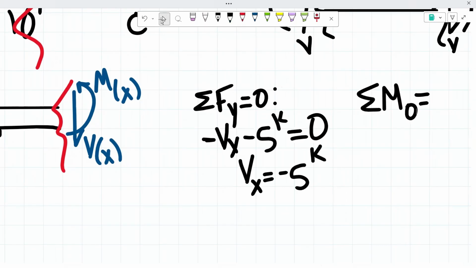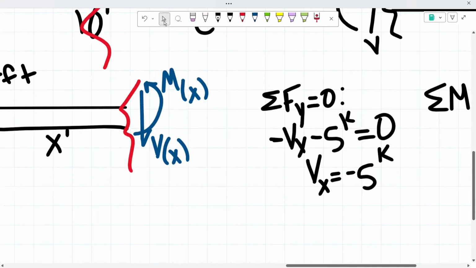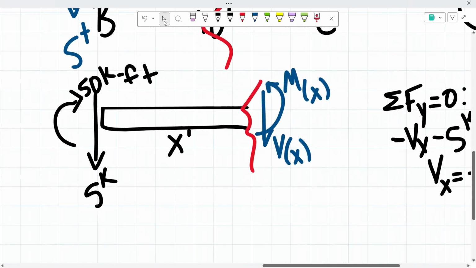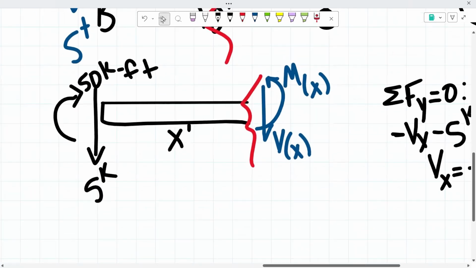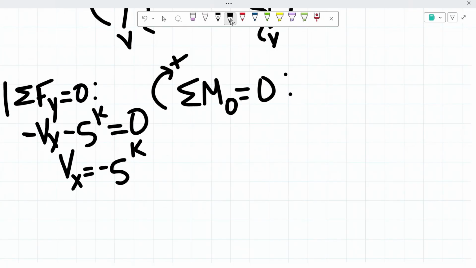We know that our moments also have to equal 0. Here we have a clockwise moment of 50 kip feet, and then we have a counterclockwise moment at point x. So this one is negative, and this one is assumed to be positive based on our sign convention, because remember, we assumed that counterclockwise is positive.